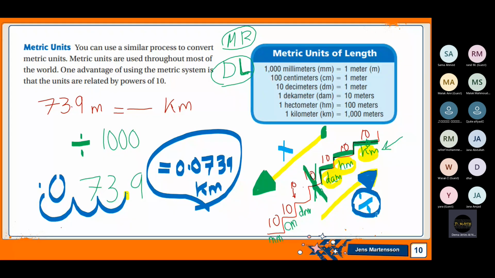If you are on meter and you want to go to the hectometer, you will go 2 steps only. So you multiply by 100. So according to the question, not every time multiply by 100 or divide by 1,000.